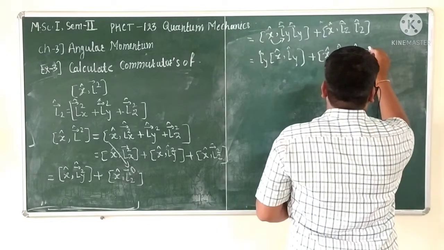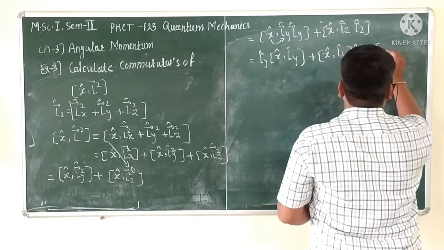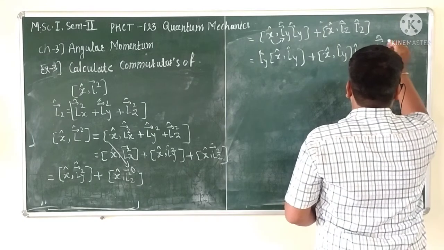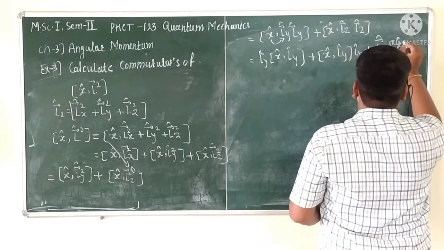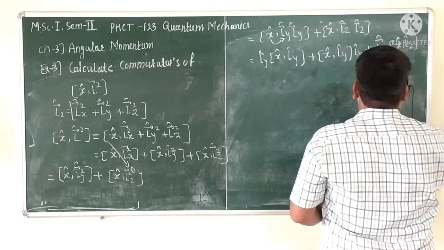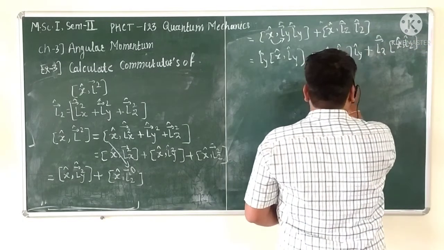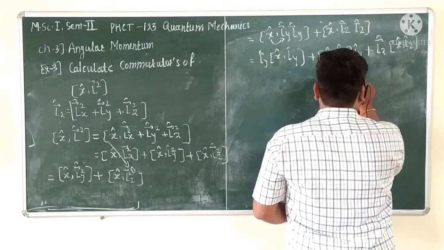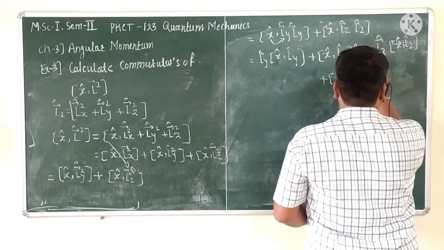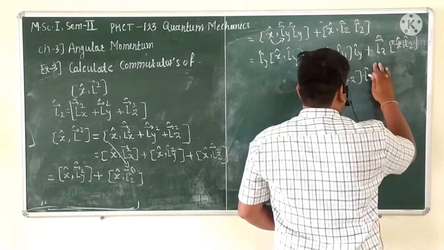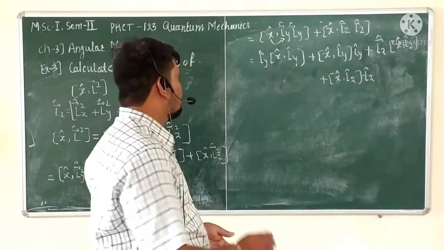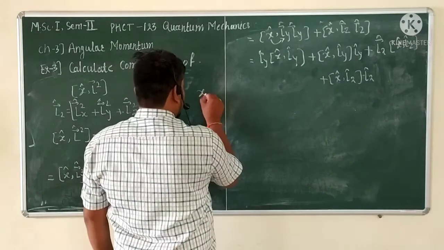Again plus sign is there, so this Lz cap is taken outside and the commutator bracket x cap comma Lz cap, and again plus this x cap comma Lz cap is there, and this Lz cap is taken outside.